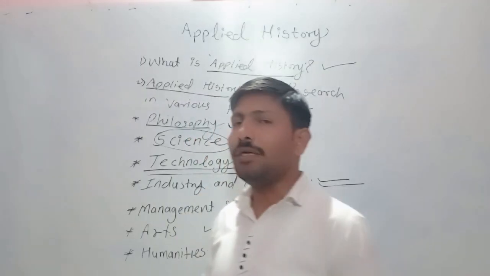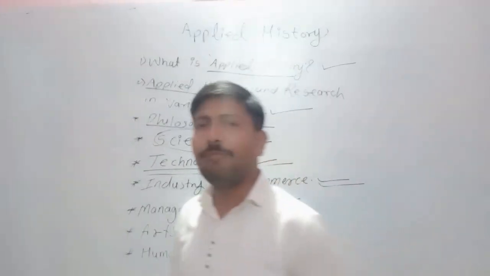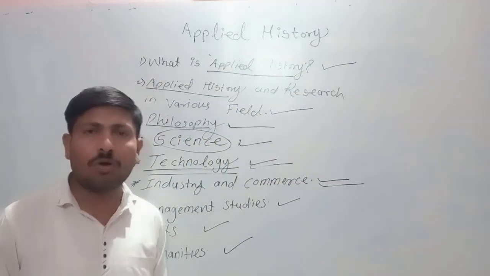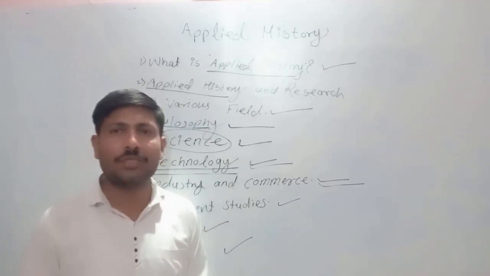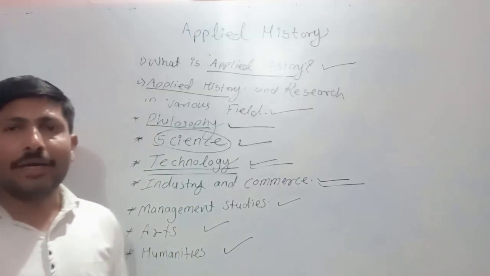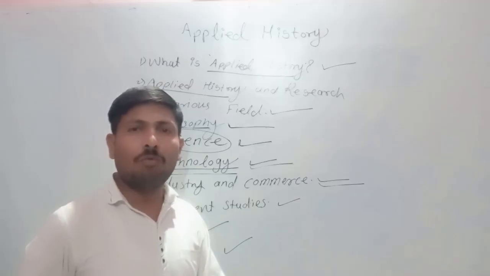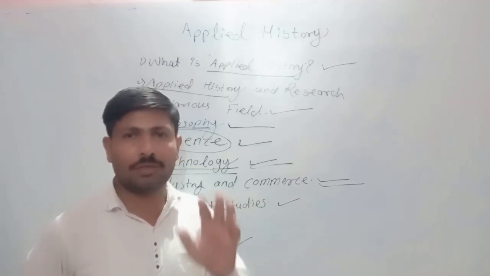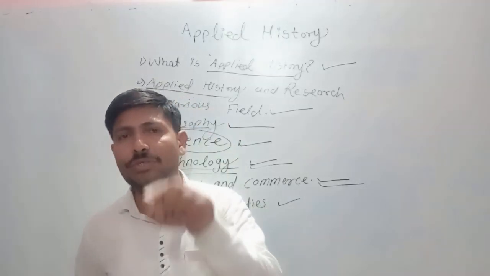So this is applied history. In short, history is applicable for all people and all branches of knowledge from which we are getting our degrees and knowledge. Applied history is a very essential point in all streams. Whatever you want to become in your career, you should know the history of that particular stream.